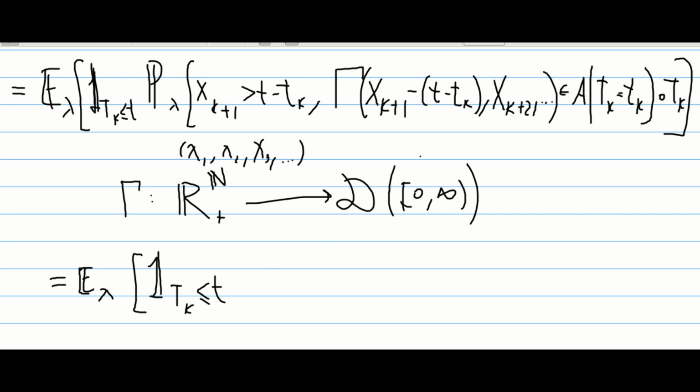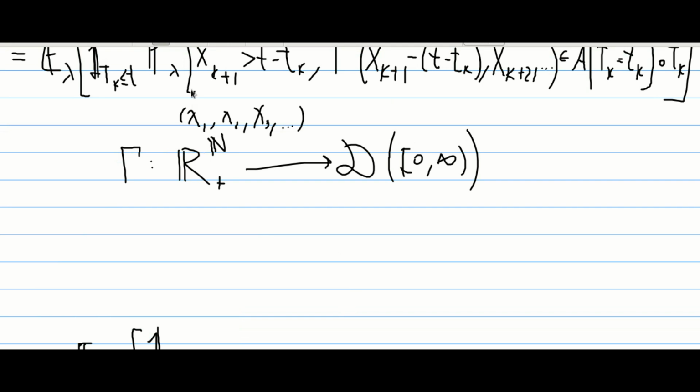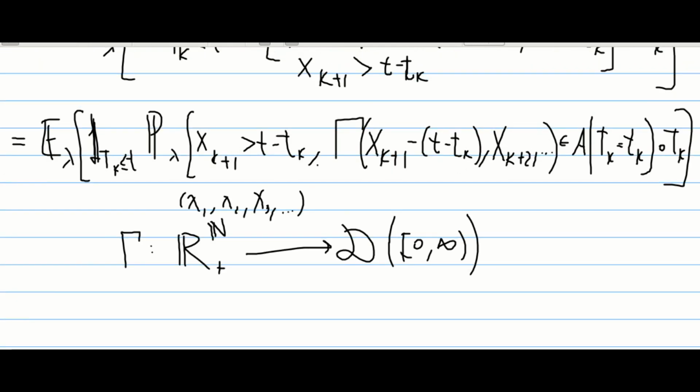Let me say it like this. Let me make a pause instead of going directly to the conclusion here, and make another observation, otherwise it will look like a big jump.